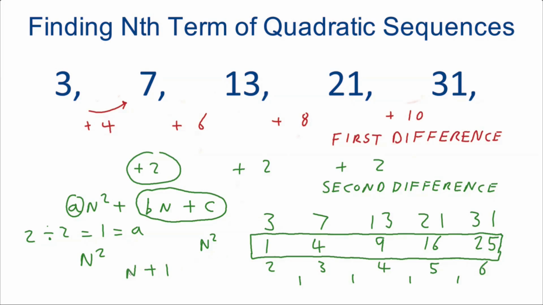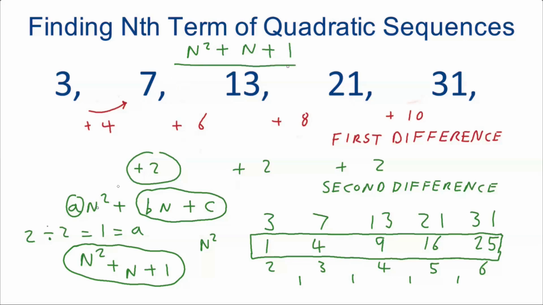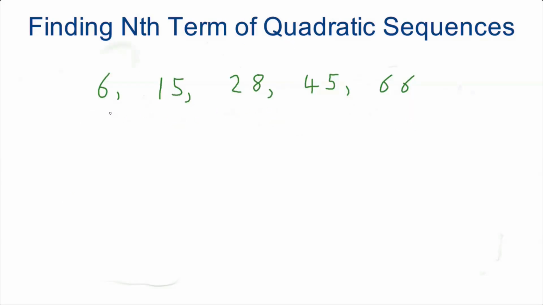Fifth term, just 5 for the n, plus 1, 6, so it works. Then we have to add on this n plus 1 part. Let's put it up there. So this one is n squared plus n plus 1. Done.